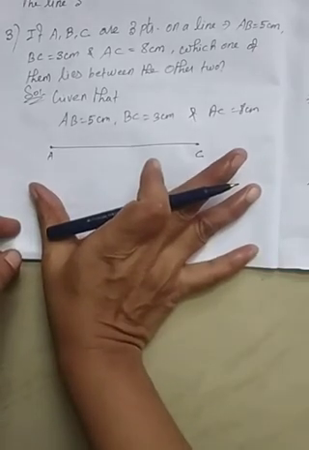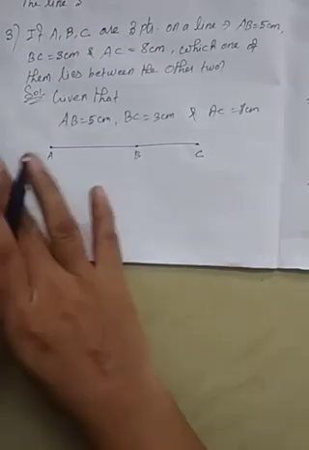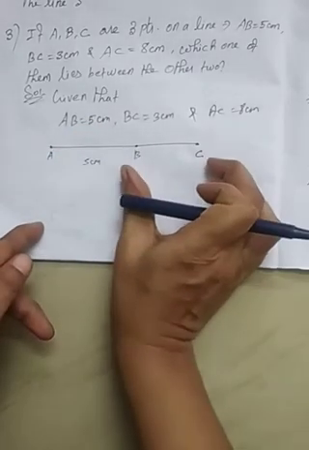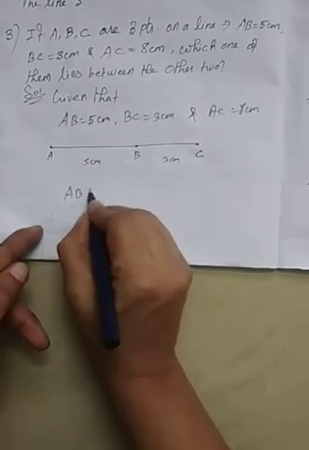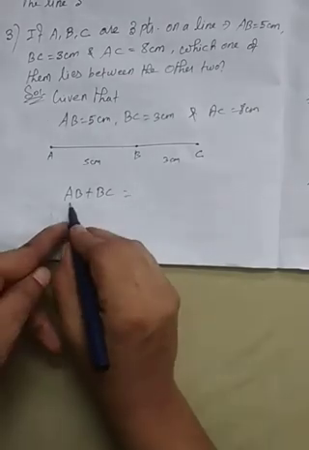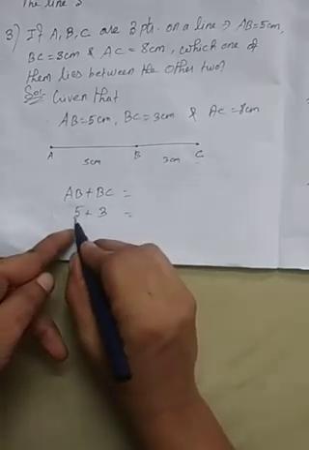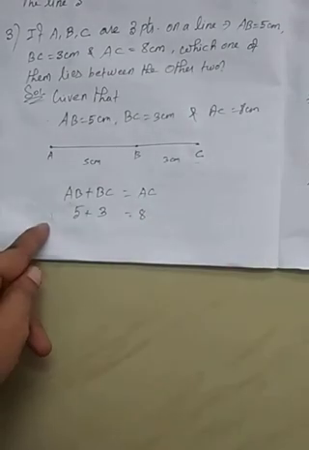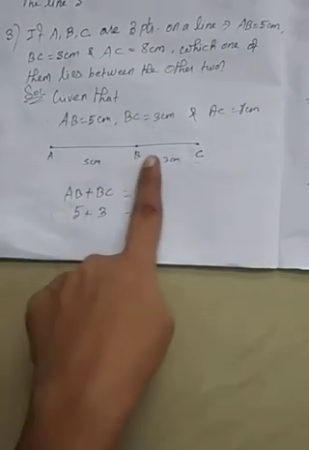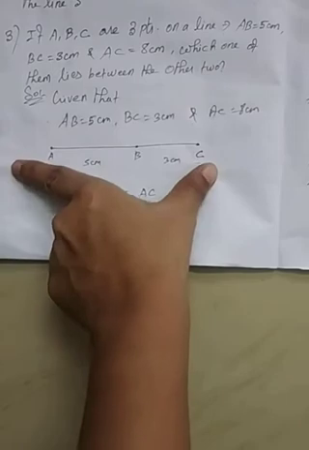Now we have to take a point B, this is B. Now AB equal to 5 centimeter and BC equal to 3 centimeter. Now you can add AB plus BC equal to 5 plus 3, 8. What is this 8? Totally AC. So we have to write that the point B lies between A and C. Everybody clear this diagram?